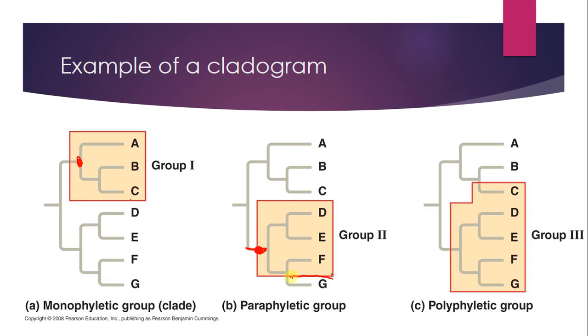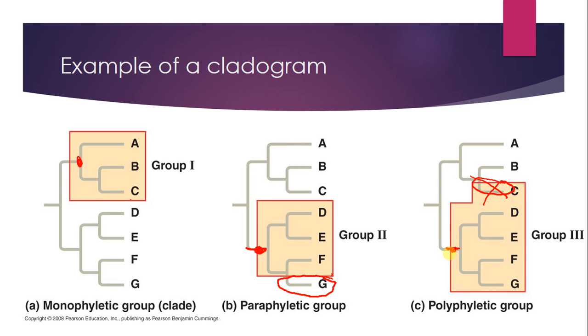See, that group isn't containing G, which is a descendant. If it contained G, it would be a monophyletic group, but it doesn't. And a polyphyletic group contains a common ancestor and more than just its descendants. It also includes C, which is not a descendant of this common ancestor.